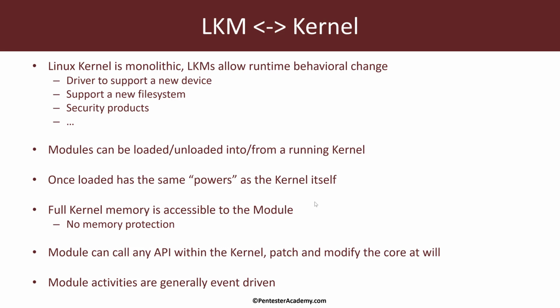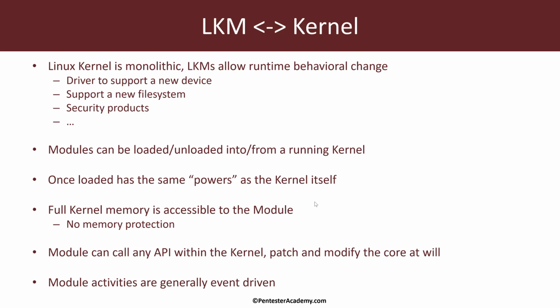Now, a lot of times people misunderstand and think that LKMs are almost exclusively used to make device drivers. This is not the case. They can be used to write purely software components in the kernel. And of course, the best example is the rootkits we'll be talking about.